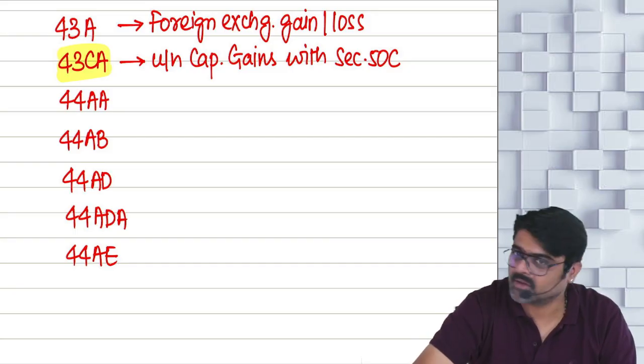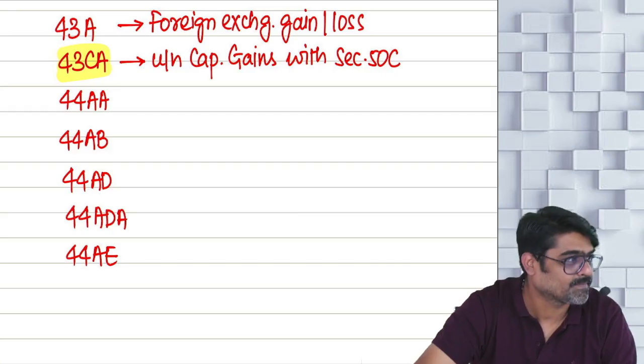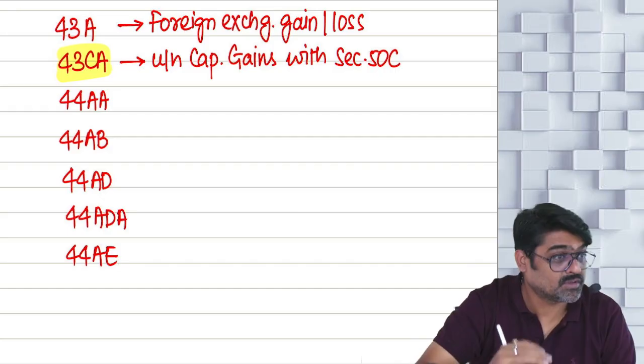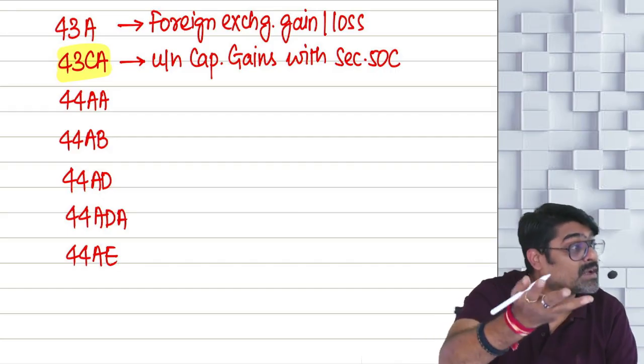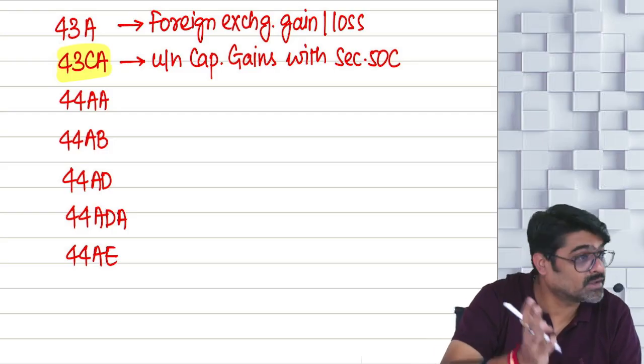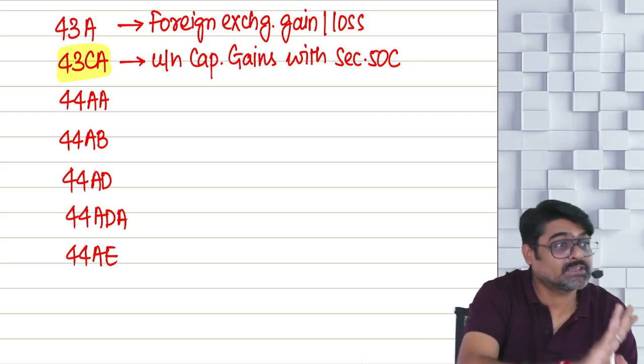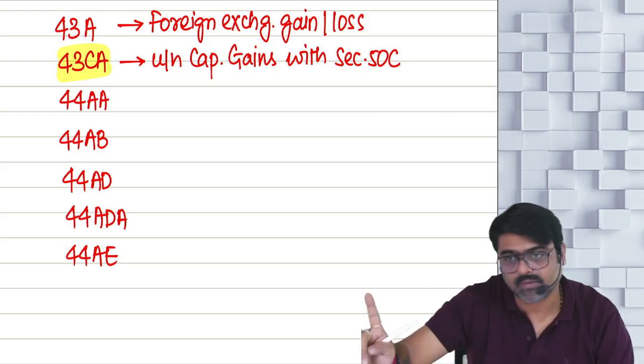Cannot be treated as your business income, cannot be treated as your business expense, because this is on capital account. This is happening at the time of purchase of your asset. So this has to be adjusted out of the cost of your asset. How that adjustment and everything is going to be done, that we are going to discuss.